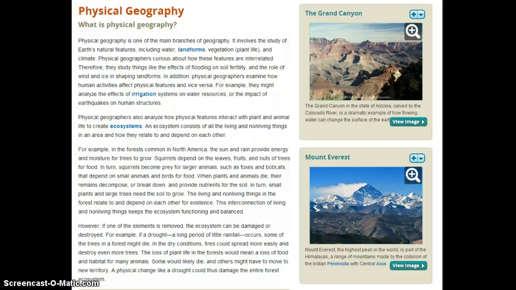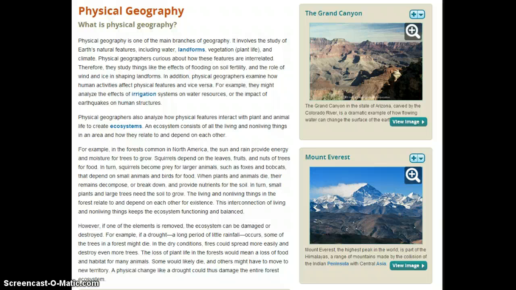Our next step is physical geography. Physical geography is one of the main branches of geography and world cultures. It involves the study of Earth's natural features, including water, landforms, vegetation, and climate. Physical geographers are curious about how these features are interrelated. Therefore, they study things like the effects of flooding on soil fertility and the role of wind and ice in shaping landforms.